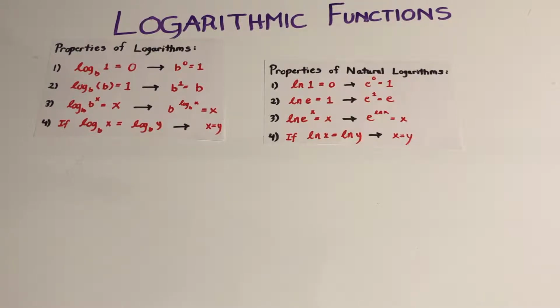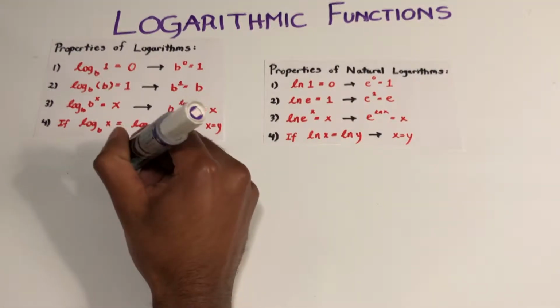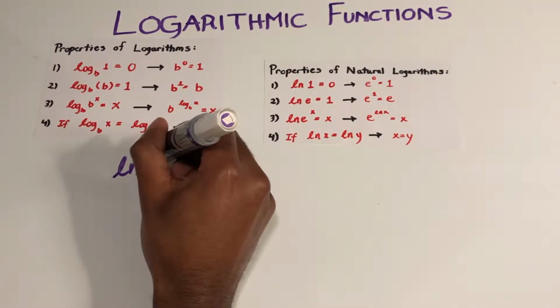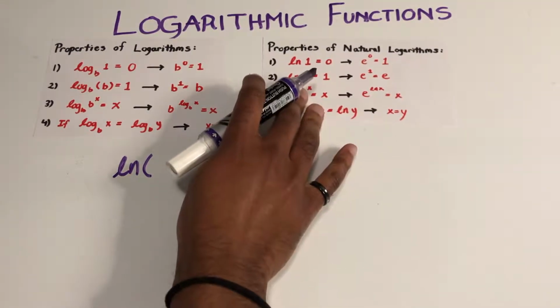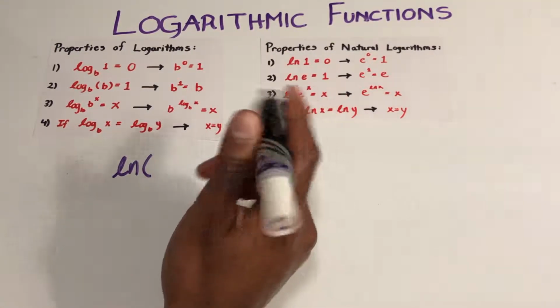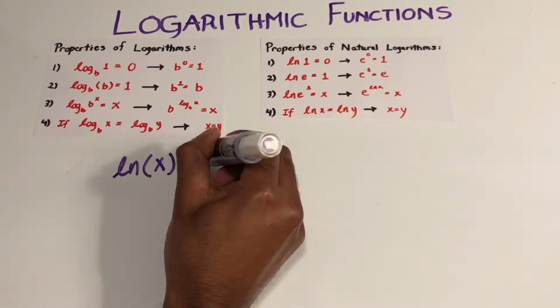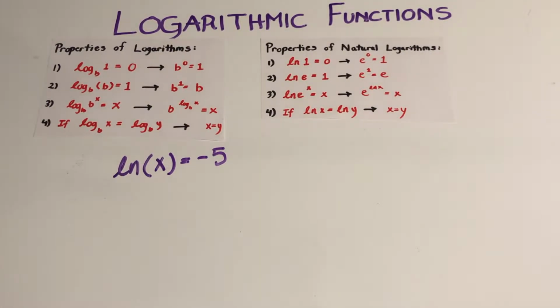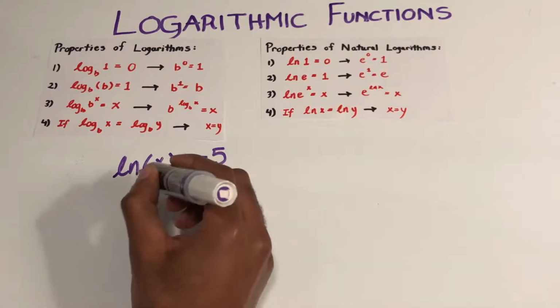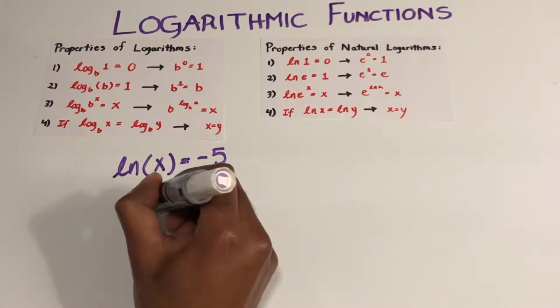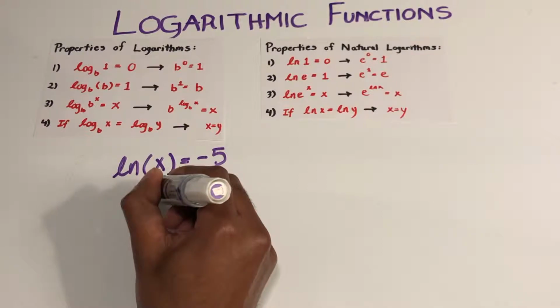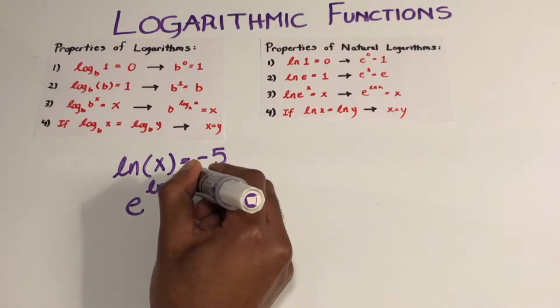Now let's look at a couple of examples. I'm going to leave this here for reference, so let me leave it at the top right here. We have ln of x is equal to negative 5. Now how can we solve this? One thing we can do is put an e here and raise it to the power of ln of x.